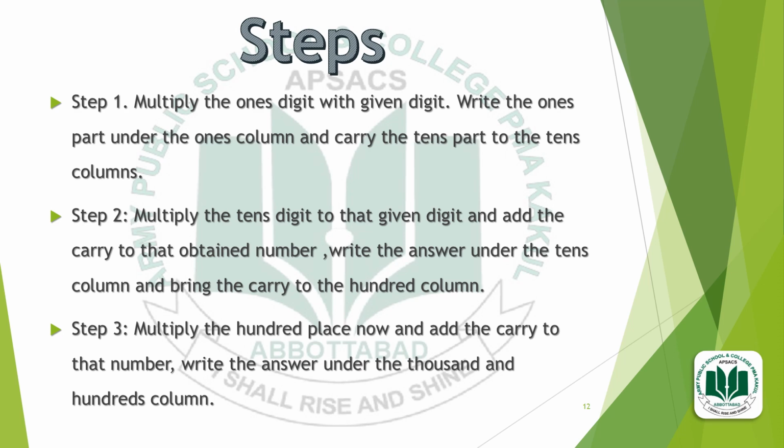Step number 2 is to multiply the tens digit to the given digit, and then we add the carry to that obtained number. And then we write the answer under the tens column and bring the carry to the hundreds column. Step number 3 is to multiply the hundreds place now, and then we add the carry to that number, and then we write the answer under the thousands and hundreds column.